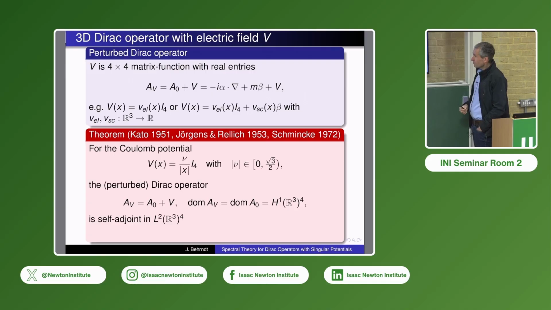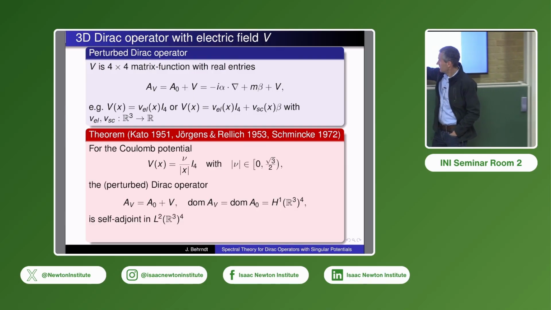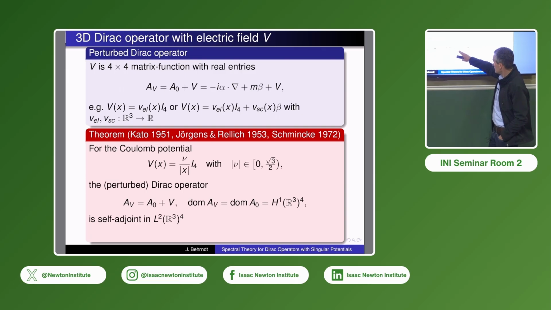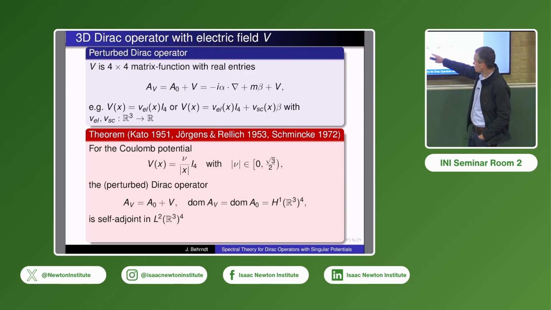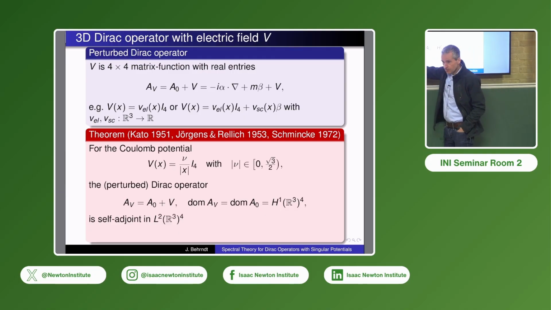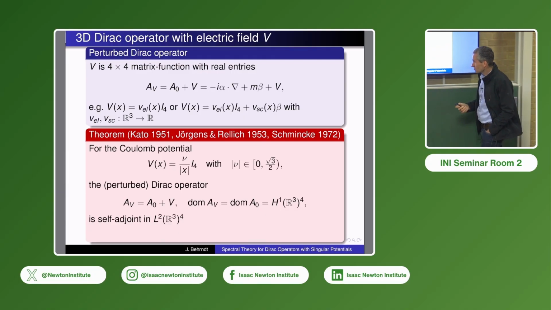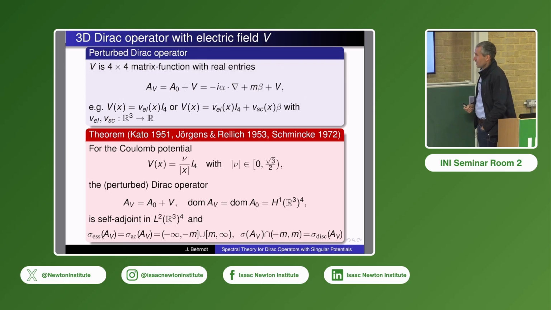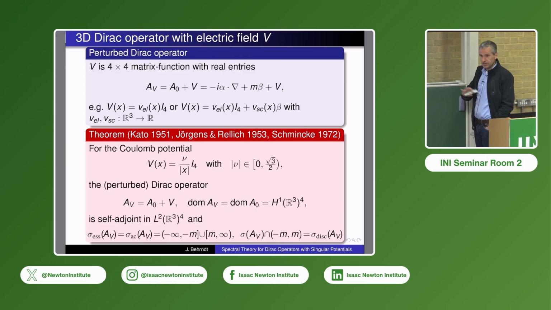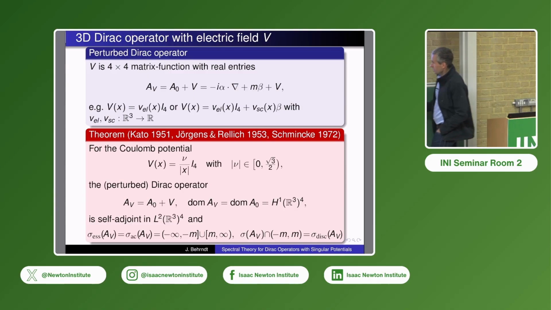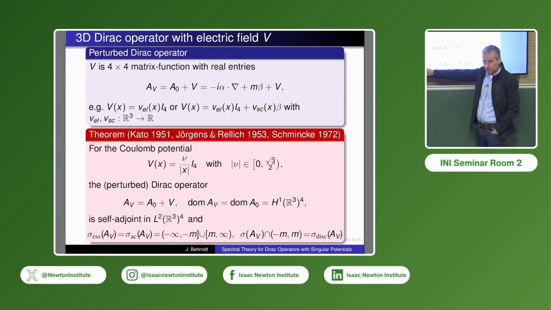In such a case, V is a relatively compact perturbation of the free Dirac operator in 3D. So you can just add it in the traditional way. The domain doesn't change, so you can work on the same operator domain as with the unperturbed one, and you end up with a self-adjoint operator. Its spectrum is also well understood, because it's a form compact perturbation. The essential spectrum remains invariant, the same situation as for the free Dirac.